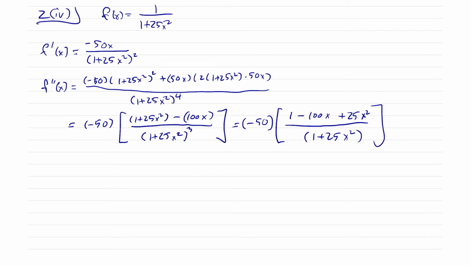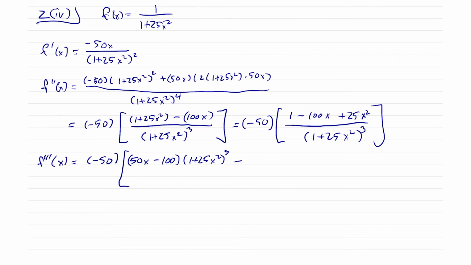Okay. So you can continue this operation and try to see what you get. This should have been cube on the bottom. Oops. Let's see. So the derivative is equal to minus 50 times 1 minus, so the derivative of the top, which would give me 50x minus 100 on the top, times the bottom, which is 1 plus 25x squared cubed.